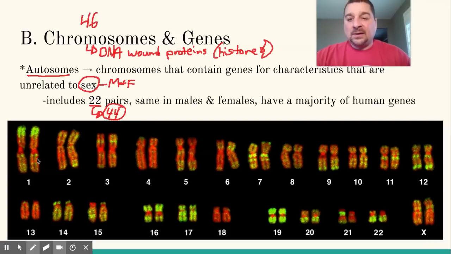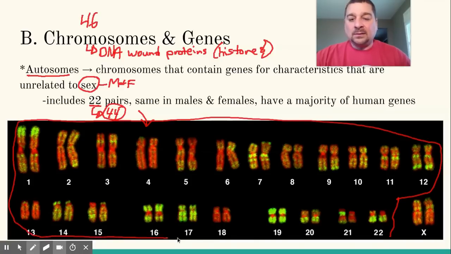If you look at the picture down here, you'll see they've put the chromosomes in pairs by size, and that's normally how we do it. You see the first 22 pairs over to here, so all of these are our autosomes, and a majority of human genes are found on those first 22 pairs.